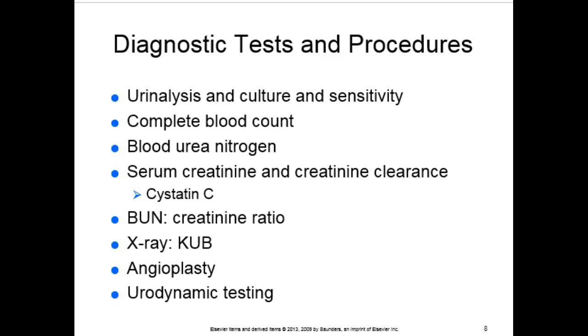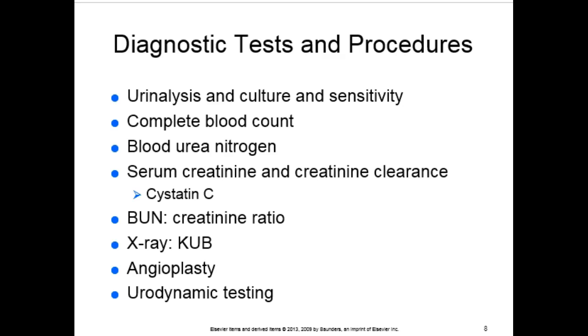Then there's a test called a creatinine clearance, where the patient's urine is collected for a 24-hour period. And then a 5 milliliter venous blood sample is also collected during that 24-hour period. Then the serum creatinine and the urine creatinine results are compared.